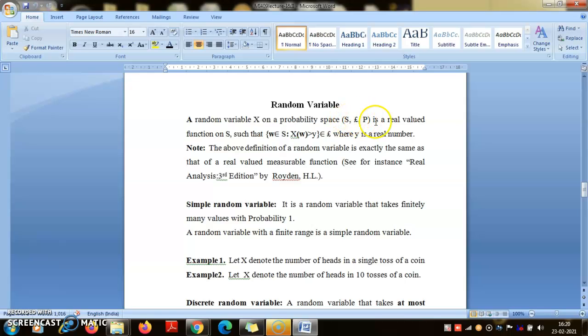So together this triplet is called a probability space, and we have investigated the properties of the probability function in detail. For instance, the Borel-Cantelli lemma and the continuity theorem are two important properties that we have studied, with their statements, proofs and applications of the Borel-Cantelli lemma, up to the last lecture.